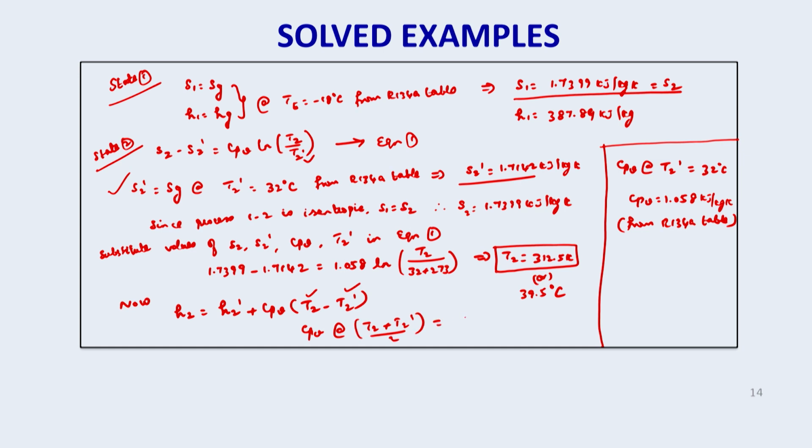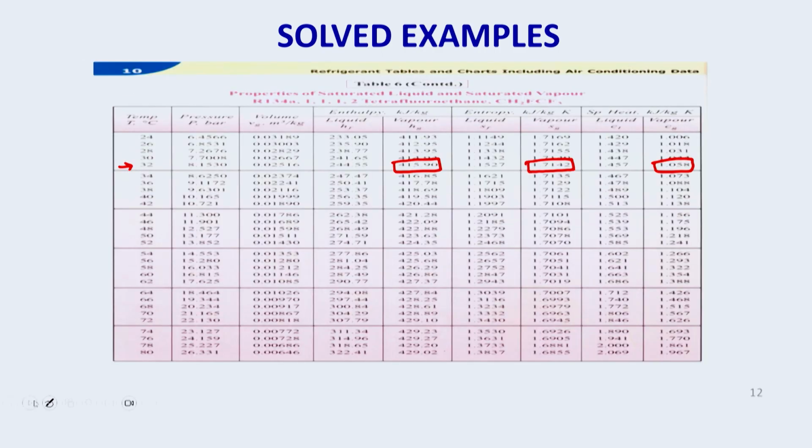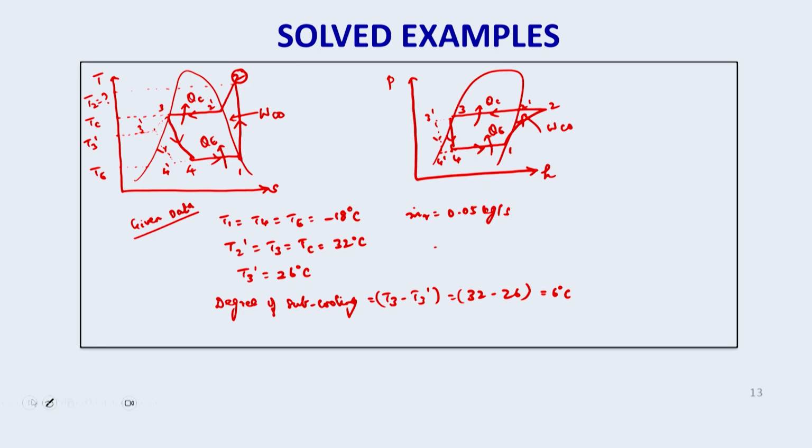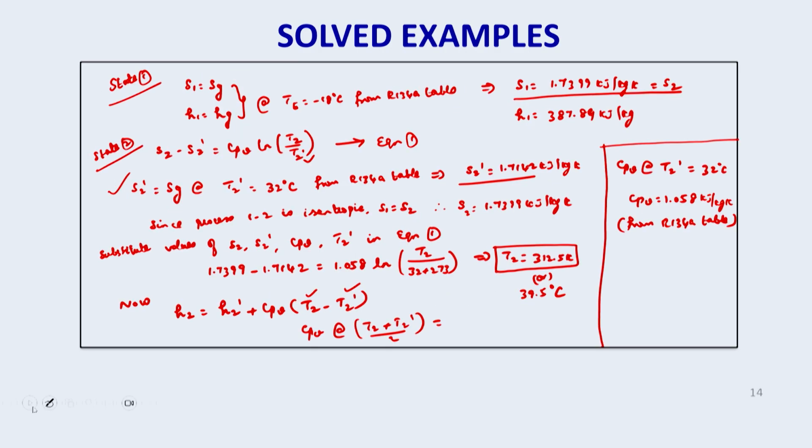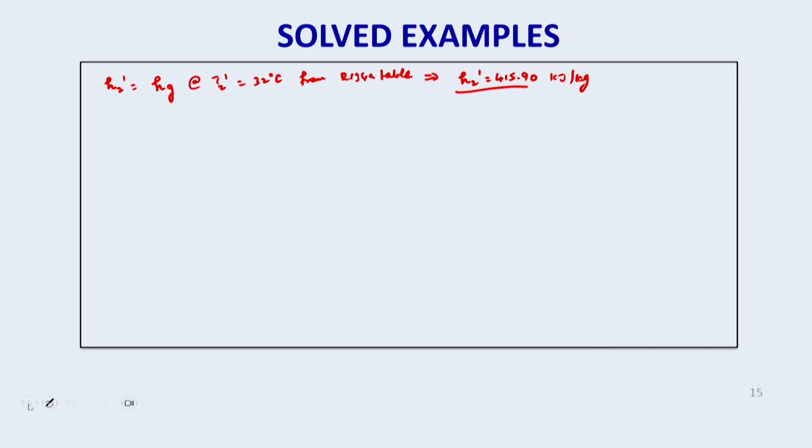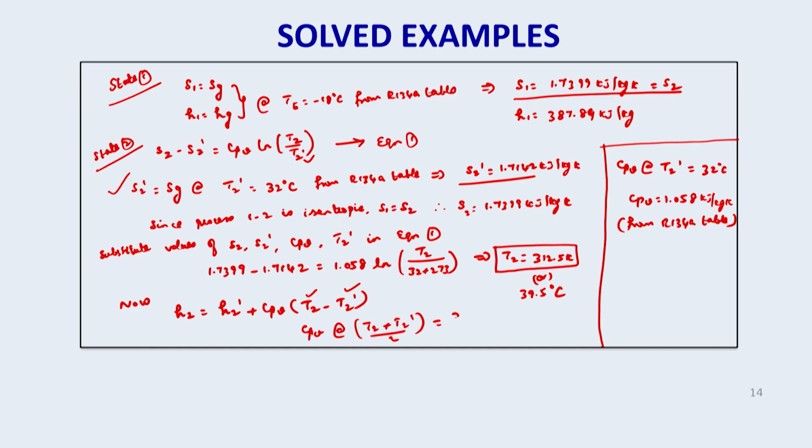T2 is 39.5, which we just found, and T2 dash is the condenser temperature 32, divided by 2. So approximately we get 36 degrees centigrade. Cp of vapor has to be evaluated at this temperature only.